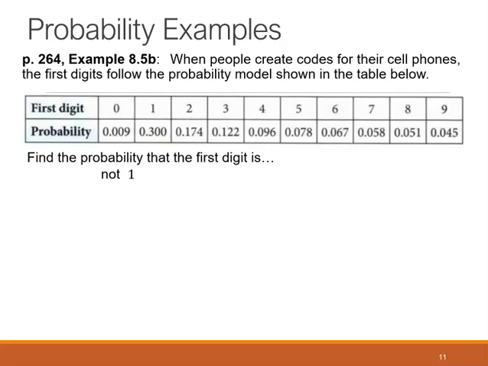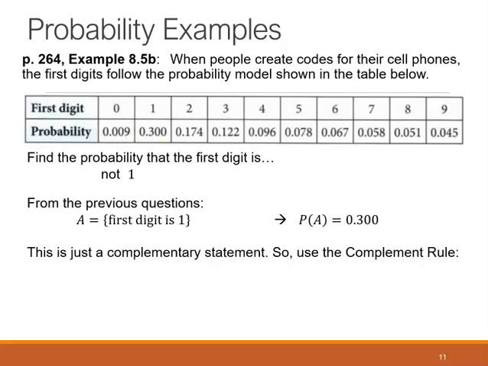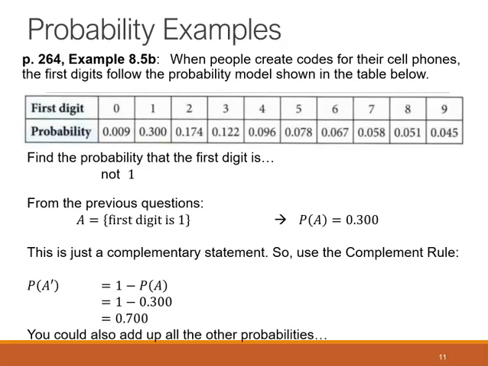What if I ask for the probability that the first digit is not 1? Right, so we'll use the complement rule. We're looking for P of not A, so that should be 1 minus P of A. So 0.7.